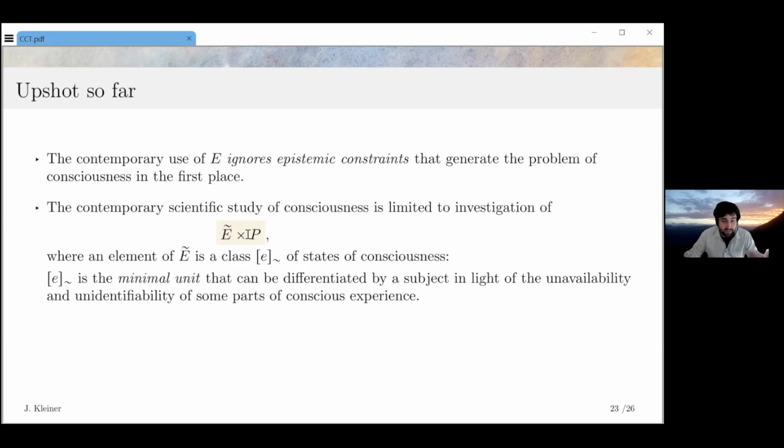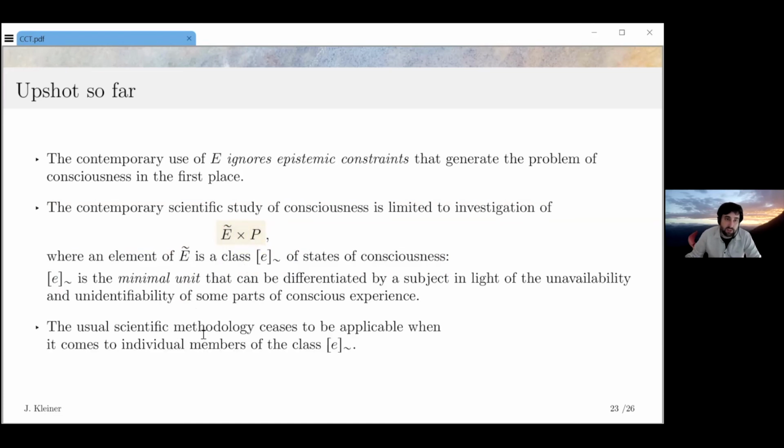So we can investigate how physical states relate to states of consciousness, but on the left side, we can only consider equivalence classes of states of consciousness. The equivalence classes, to put it in another intuitive way, basically comprise the minimal unit that can be differentiated by the subject in light of the unavailability and unidentifiability, and maybe some of the other epistemic features of conscious experience. And the contemporary scientific study of consciousness is limited to this combination.